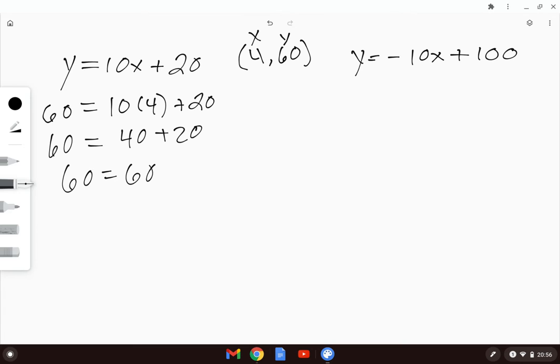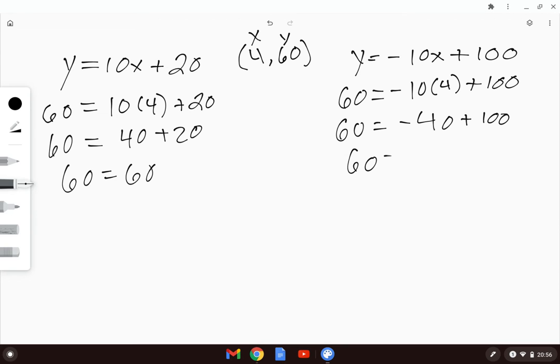If I come over to the other equation, the y equals negative 10x plus 100, and do the same substitution for my y and my x variable, all right, so what I see here with both equations is that this ordered pair of (4, 60) satisfies or makes both equations true.